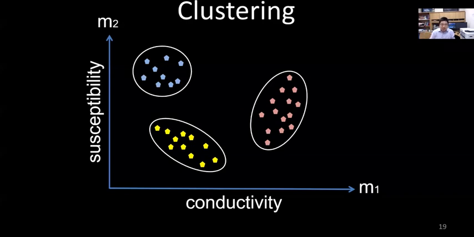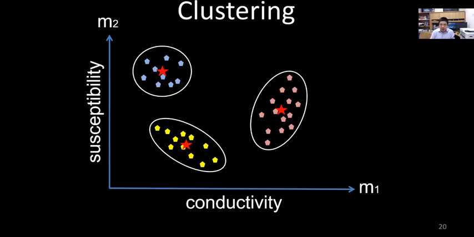Clustering refers to the process of automatically organizing data into groups. So in this case, different colors represent different clusters identified by a clustering algorithm. In addition to that, it can also automatically estimate the cluster centers, here highlighted by this red dot. In this case, I'm using the conductivity and susceptibility values as examples, but you don't have to be limited to that.